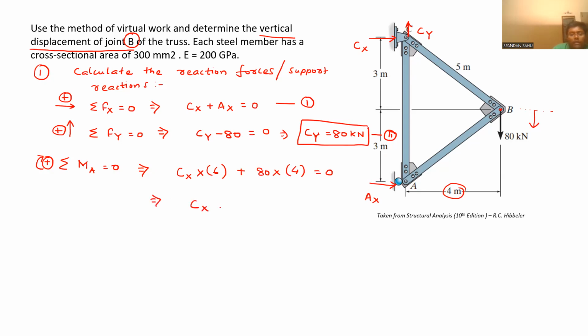From here we will get Cx equal to minus 80 into 4 by 6. So what we are getting, minus 160 by 3 kilonewton.